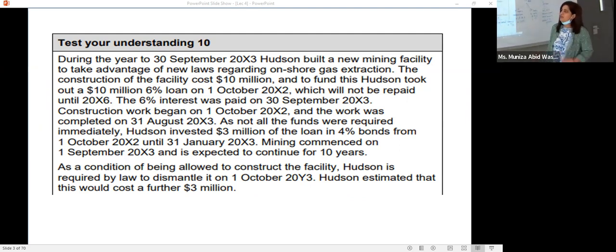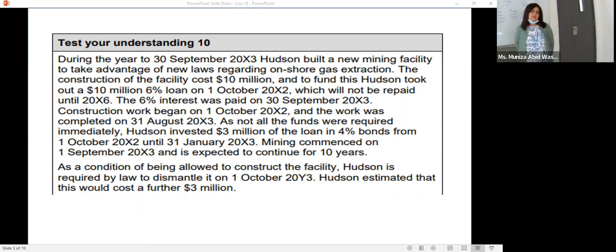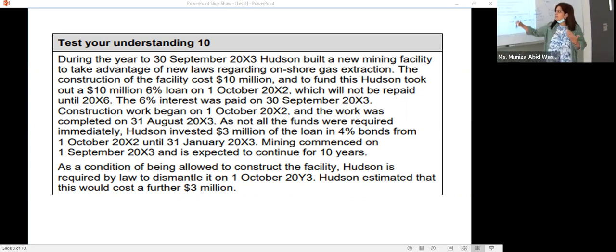The work was completed on 31st August 2003, and as not all the funds were required immediately, Hudson invested 3 million of the loan in 4% bonds from 1st October 2002 until 31st January 2003. At the time of taking the loan, Hudson saw that we are not going to need the funds immediately, so he invested some funds in the 4% bonds.